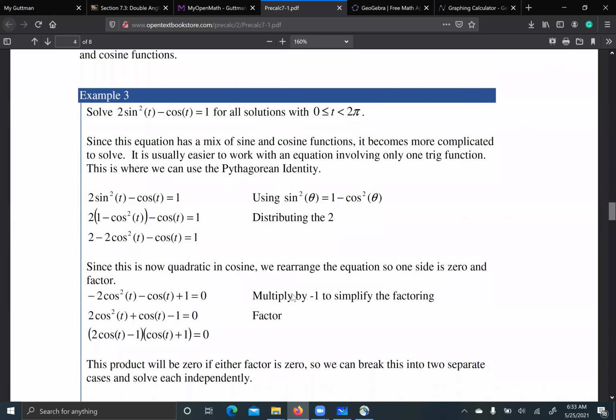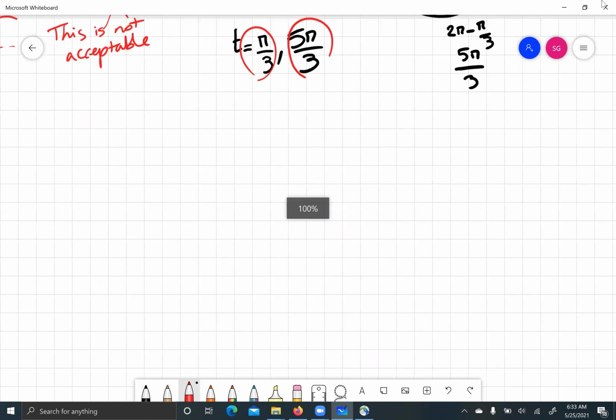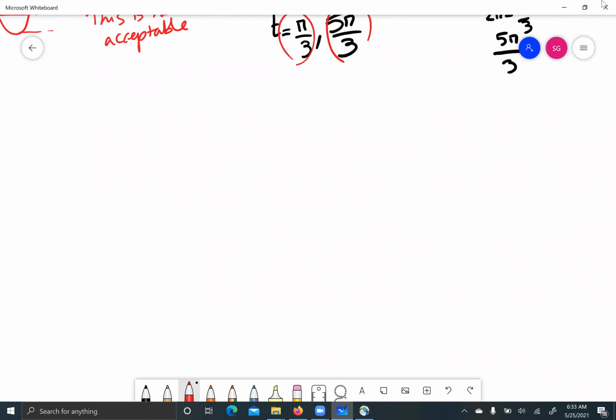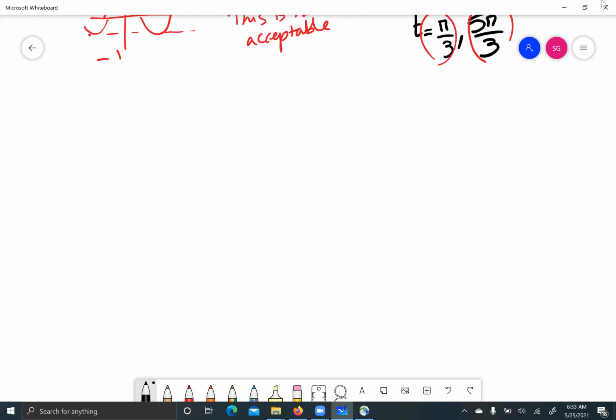Now let's look at another example, example 3.